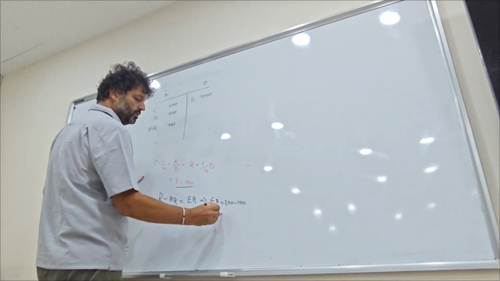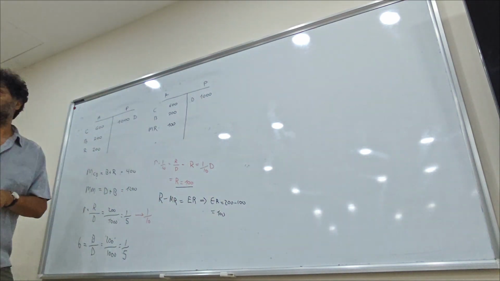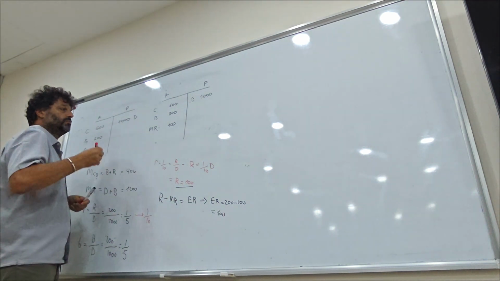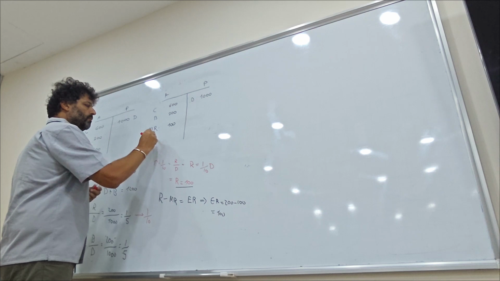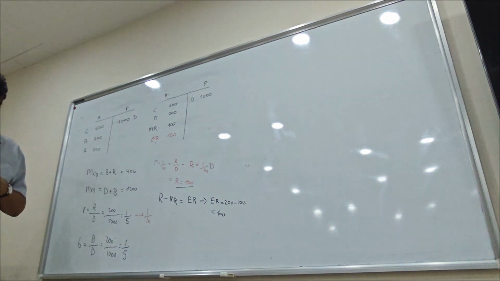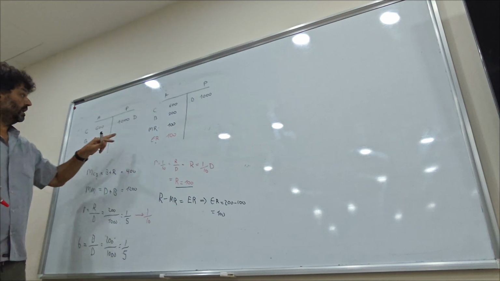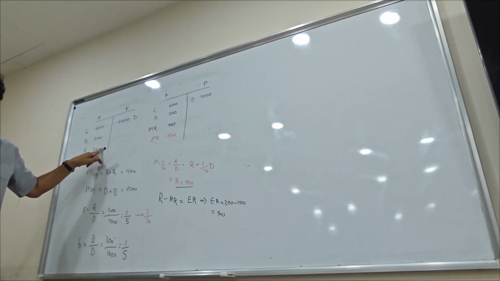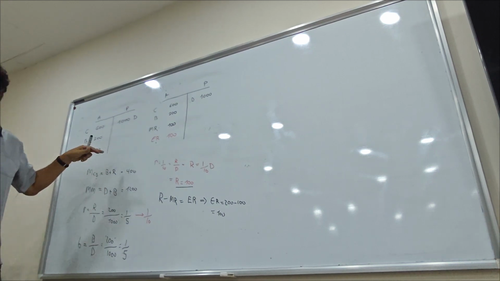So it's equal to 100. So excedent reserves are equal to 100. Okay? The sum is always 200.